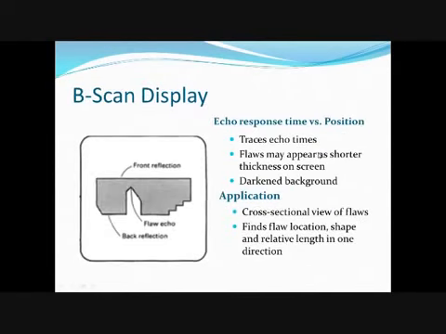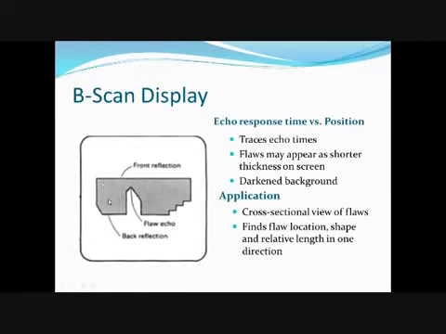On a B-scan display system, also readable on an oscilloscope, you will see the echo's response time versus position. So the transducer will travel over a test piece and take multiple readings in a planar fashion, such as this.